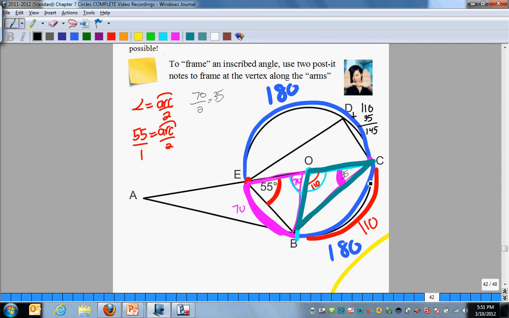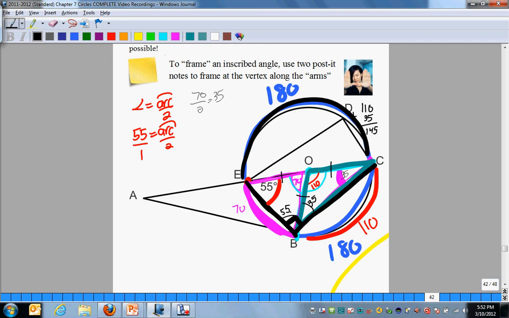We take that away from 180, and we're going to get 35 here, which makes sense because that is an isosceles. 2 radii make it isosceles, which means these are equal over here, which makes this also 55. And if you add 55 and 35, we see that we have a right angle. If you look very carefully, that's an inscribed angle too, and it's grabbing the arc 180, so half of 180 is 90.